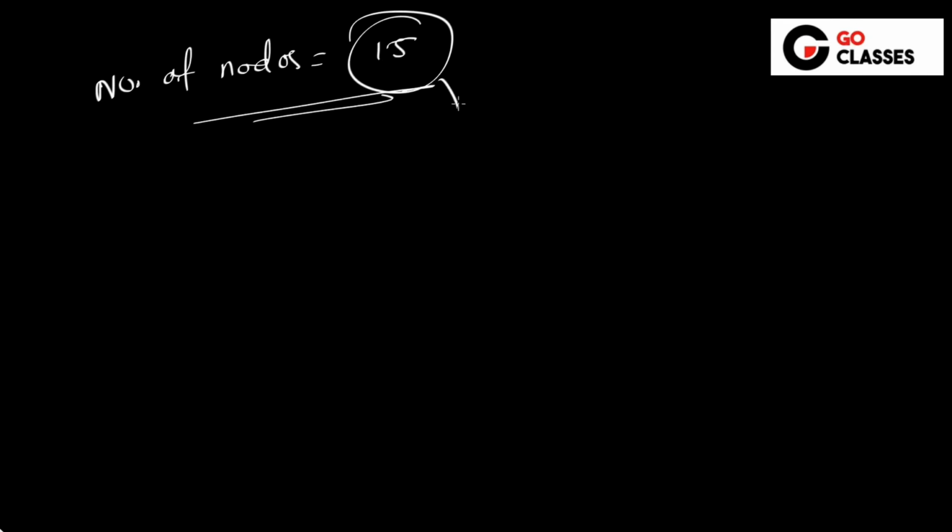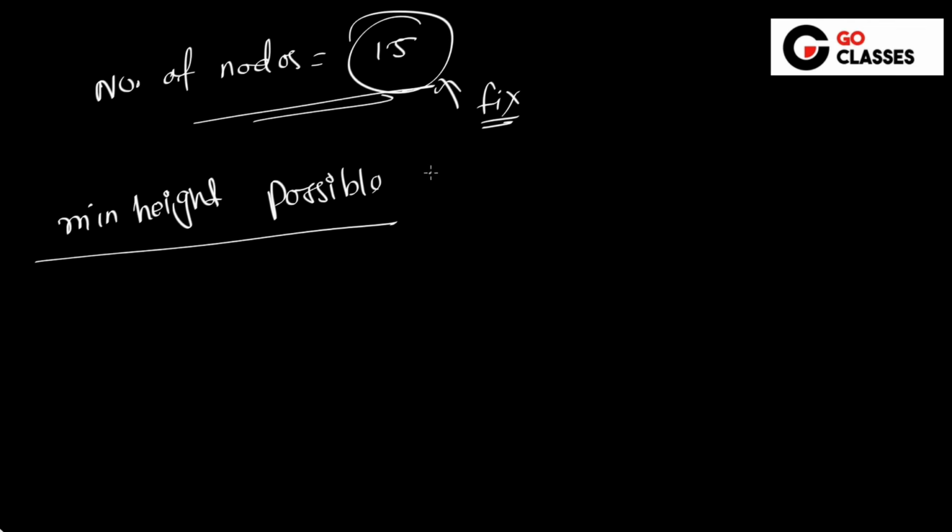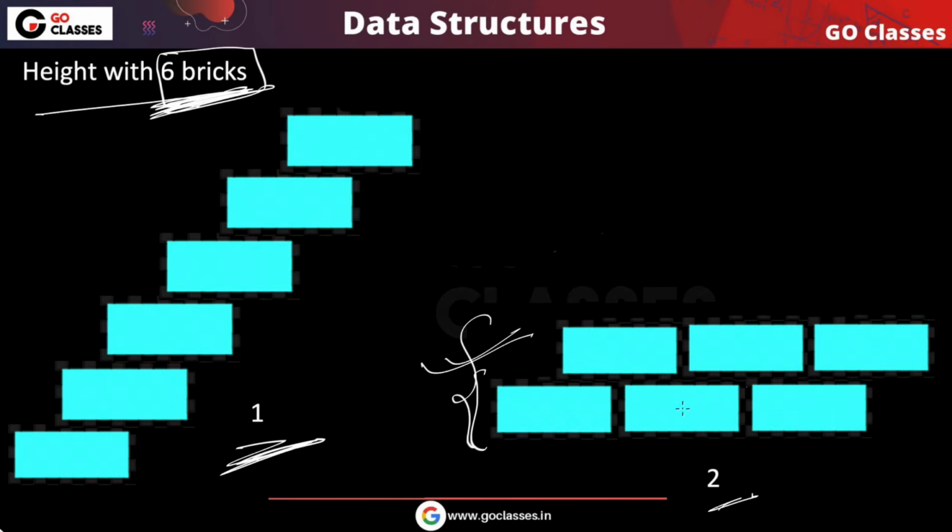Similarly, if the number of nodes is fixed, suppose they say the number of nodes is 15. This is fixed. Then they are asking the minimum height possible with this. Then what will you do? If you want the minimum height, then you will be putting the maximum bricks, right?